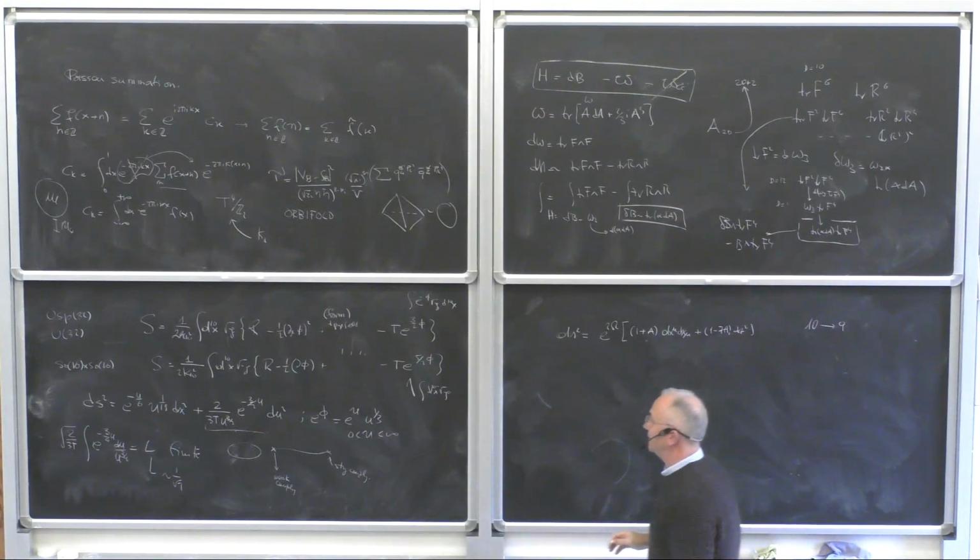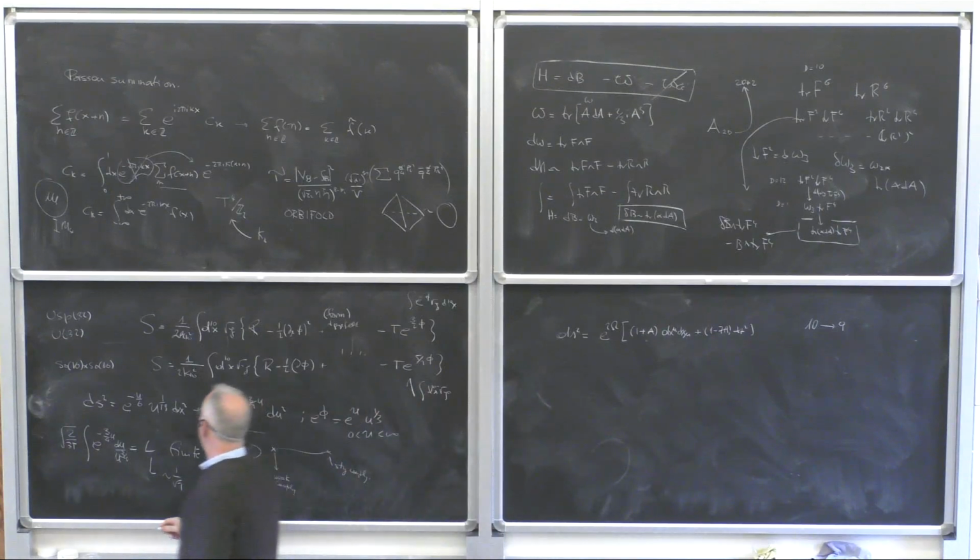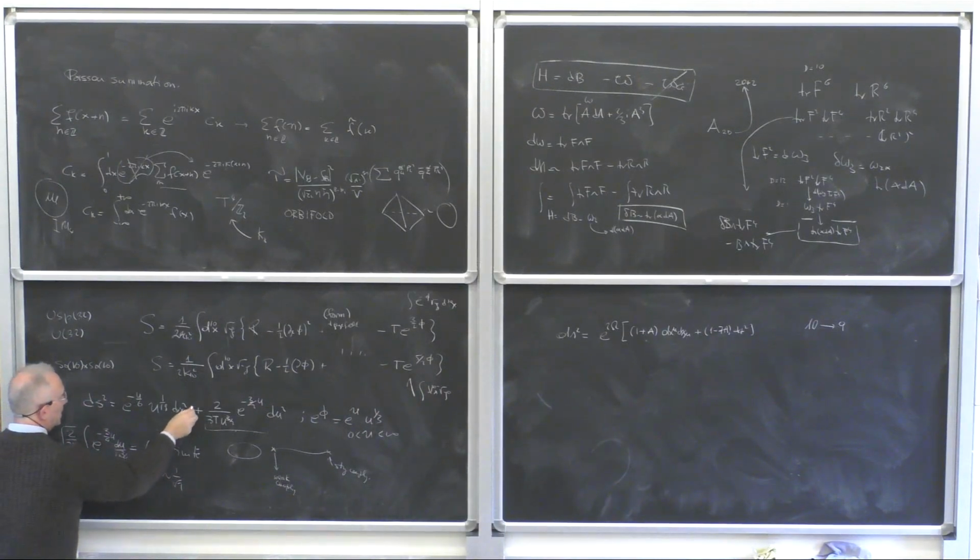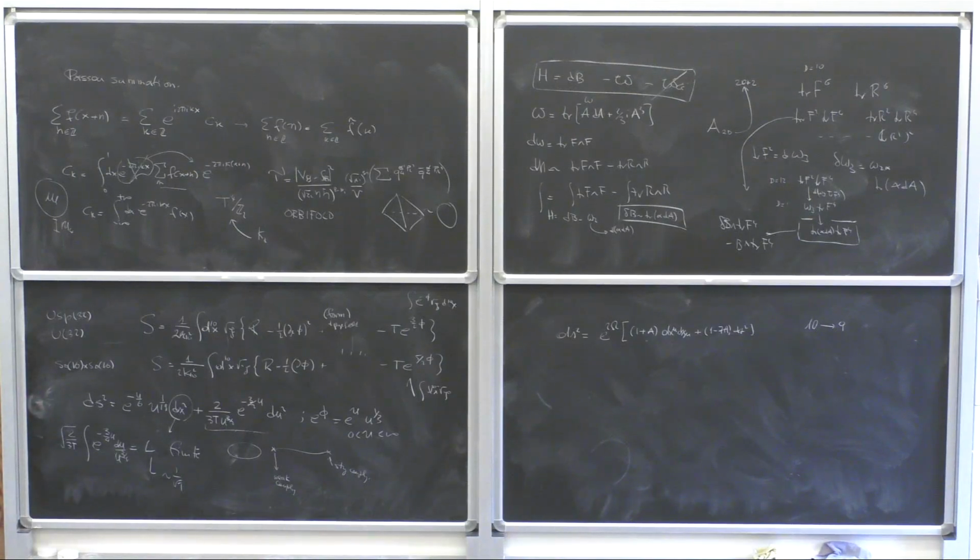I didn't stress it, but it's manifest here. The 9 dimensions, this is the length element in 9 dimensions. So there is a warping due to the behavior of the internal space, but you end up in 9-dimensional flat space. Okay, so it's a compactification to 9-dimensional flat space.